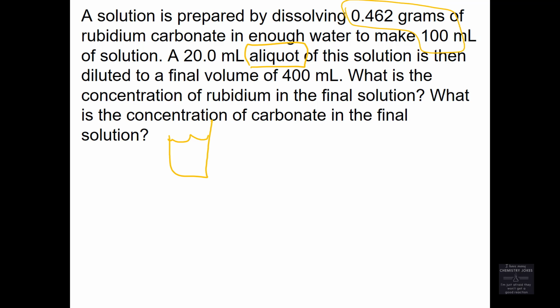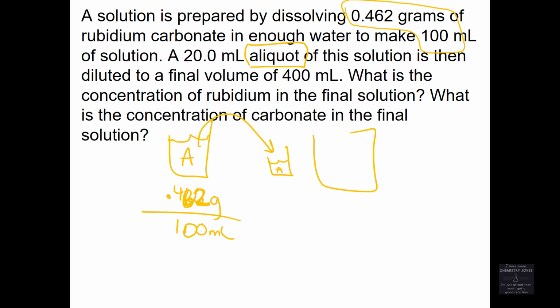What I'm going to do here is solution A is 0.462 grams in 100 milliliters. And they took a small portion of solution A and put it in along with a total volume of 400 milliliters.